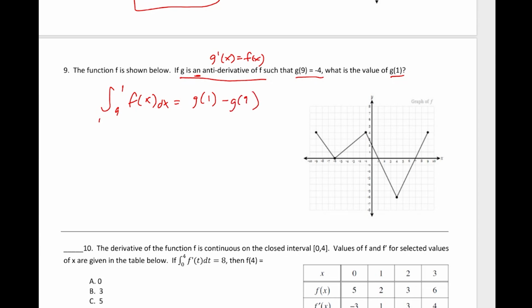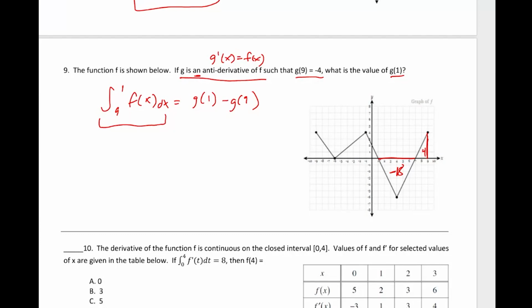So this area, which is a backwards area, right? So it's going to be the opposite of whatever we would normally get. From 1 to 9, let's see here. We got 1, 2, 3, 4, 5, 6 times 6 is 36. Divided by 2 is 18. So this area we're thinking of as negative 18 for that lower triangle. Now for this triangle right here from 7 to 9, the base is 2, the height is 4, 2 times 4 is 8, divided by 2 is 4.